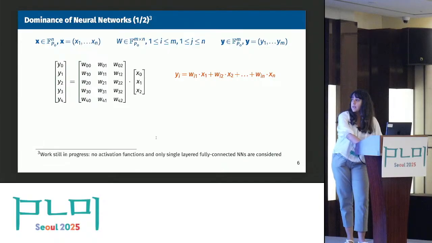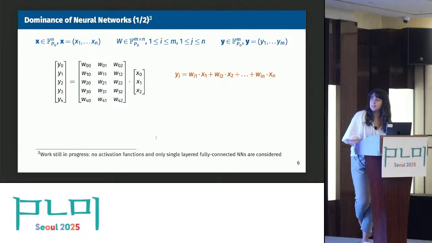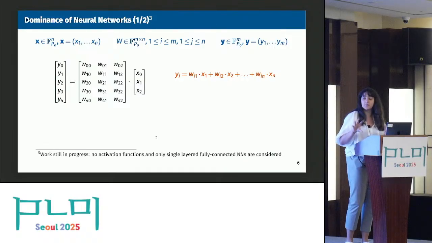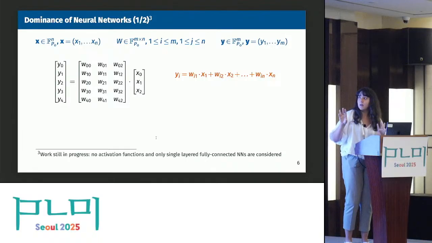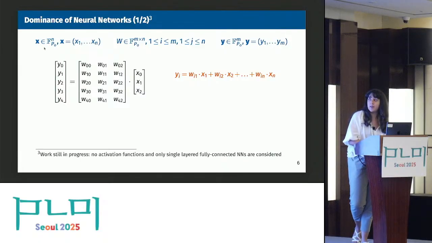So let's go a little bit inside the method. How do we do the dominance of neural networks? Simply, we consider a neural network. The input of our neural network is x, a vector of size n, and the vector x is in the original precision.